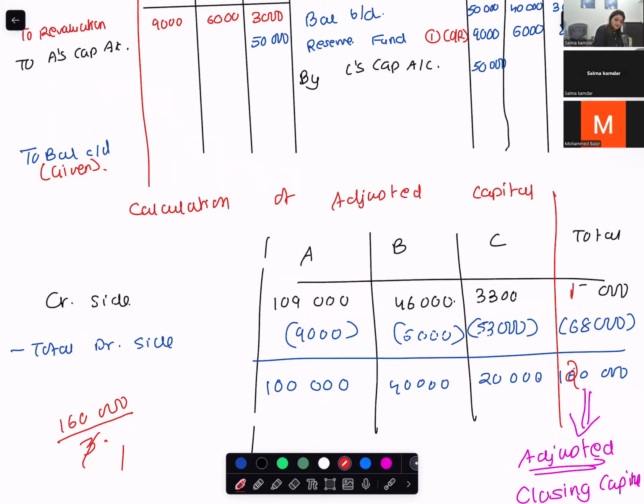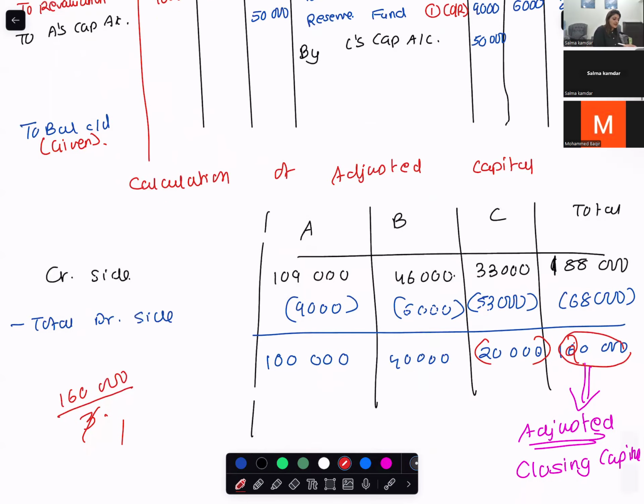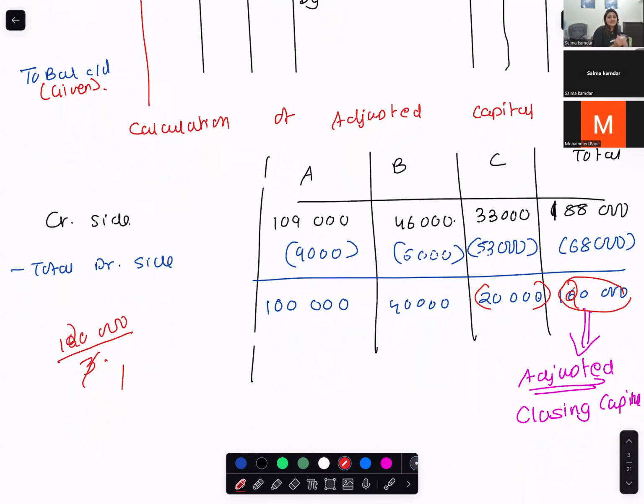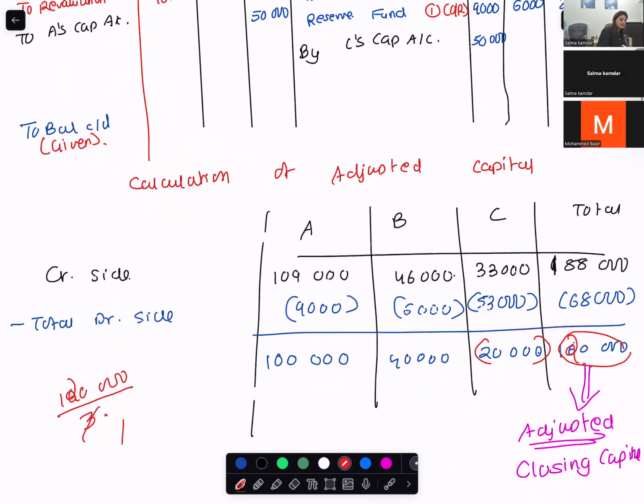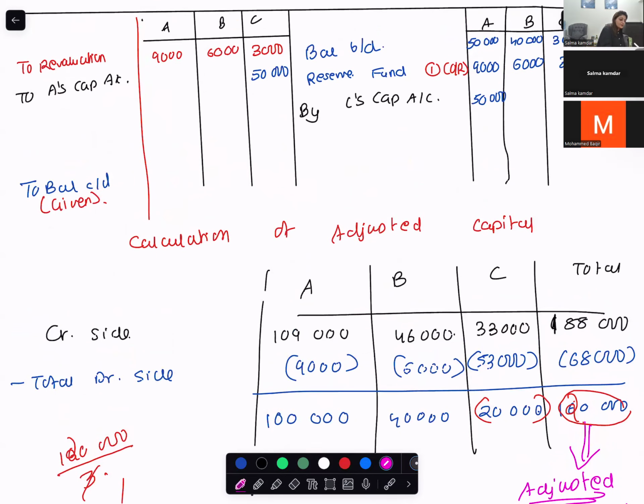So 120,000 is my adjusted closing capital, and 120,000 has to be divided amongst three people in the same profit sharing ratio. So I would say my closing capital for everyone is 40,000, 40,000, 40,000.